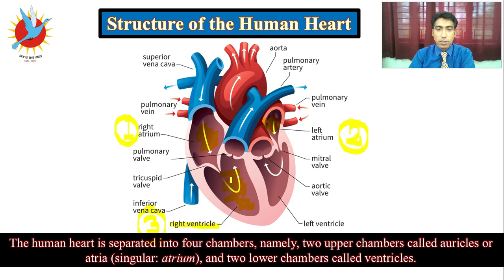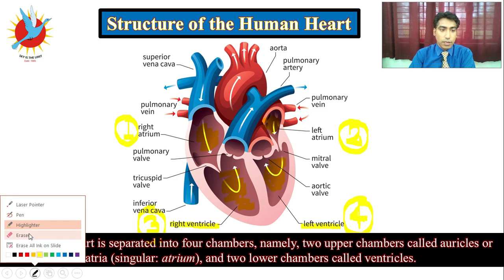And this is our last chamber, the fourth chamber of the human heart, which is known as the left ventricle. So the human heart has a total of four chambers.